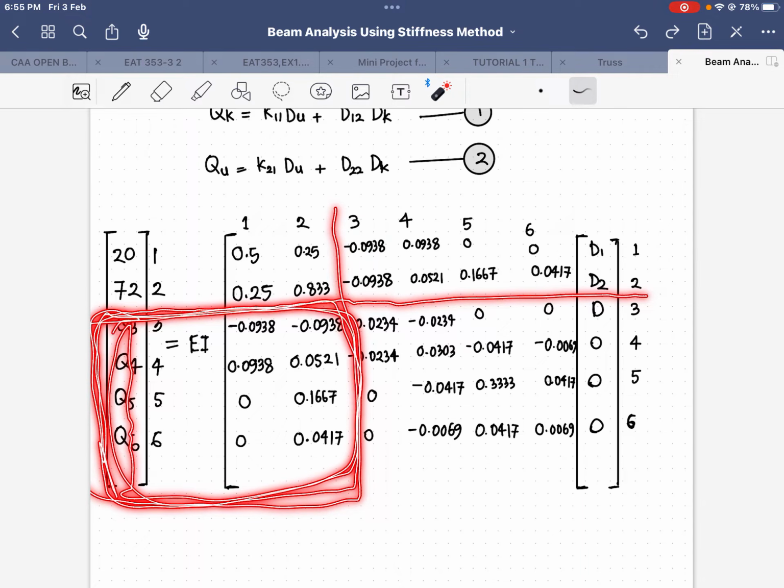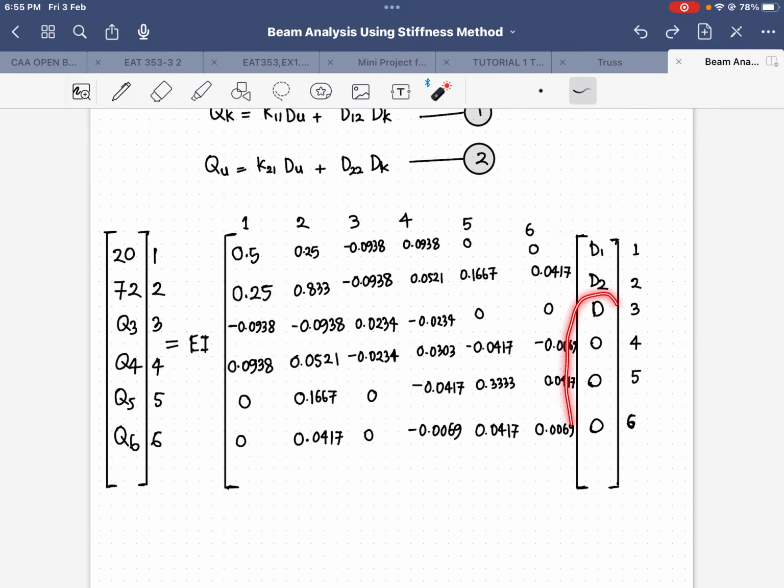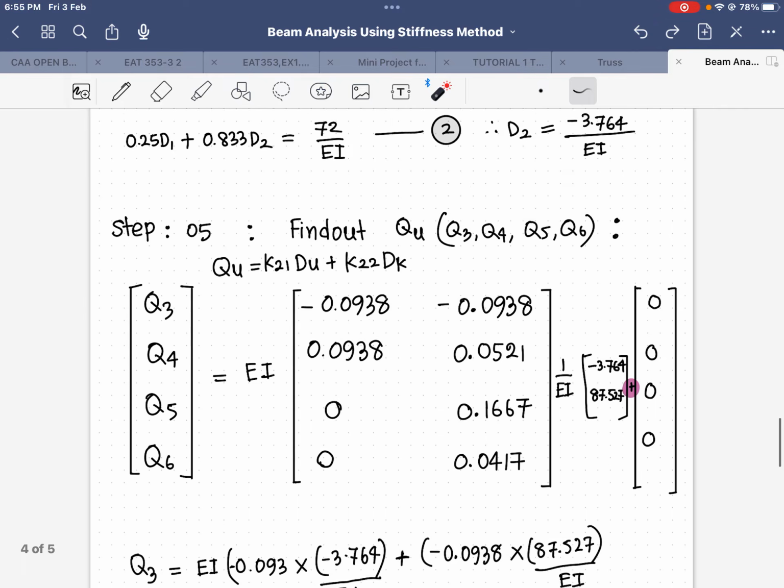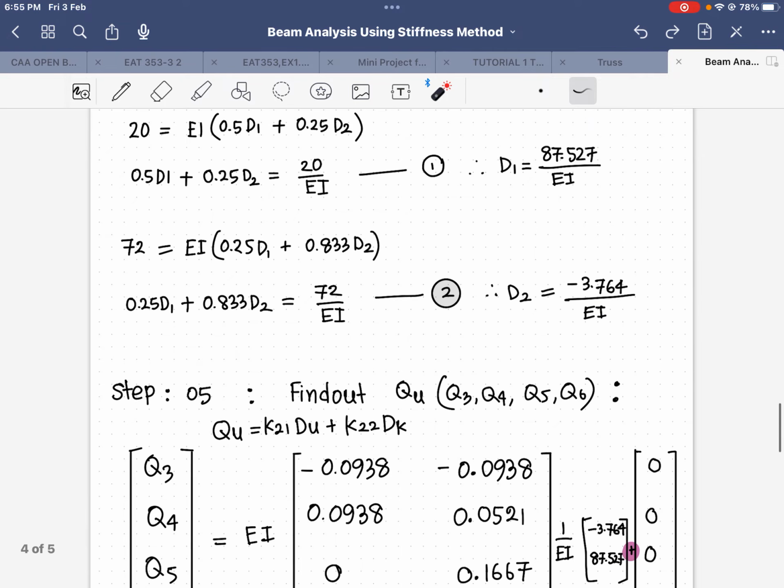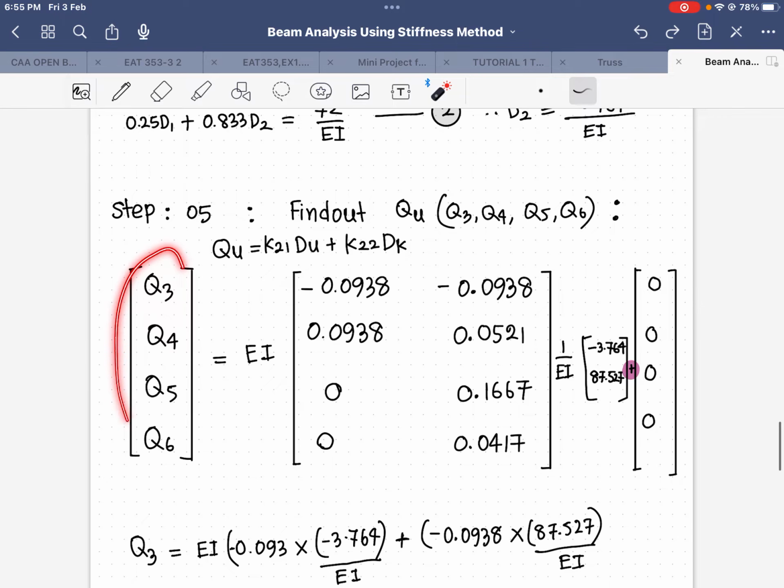And this is the known displacement value, so 0 0 0 and 0 0 0. So this is the q unknown, right? We don't know the value of q3, q4, q5 and q6. All right, so we have the EI from the formula.